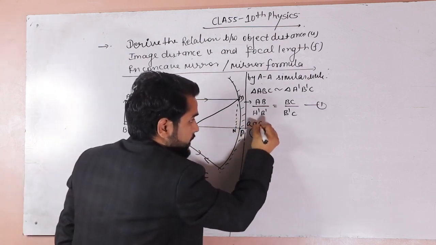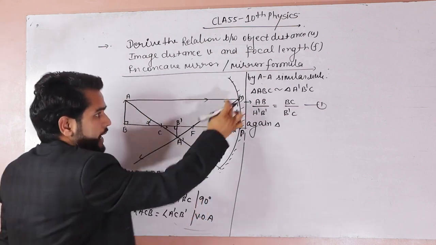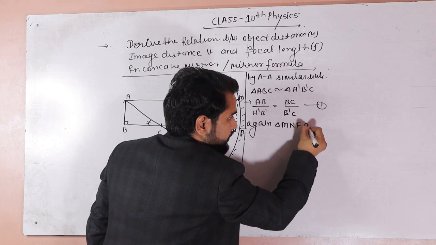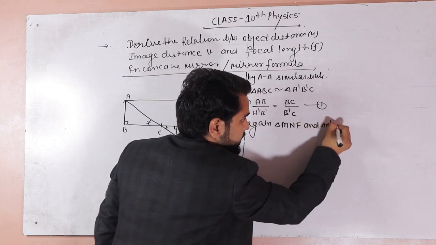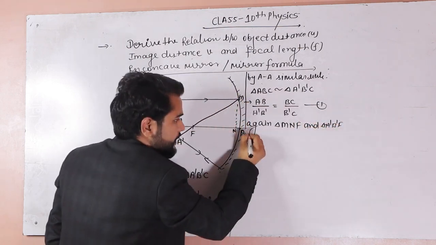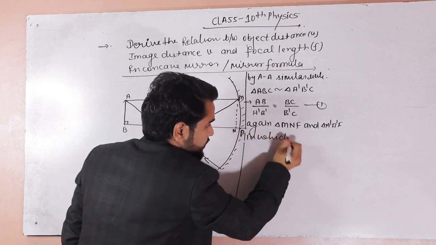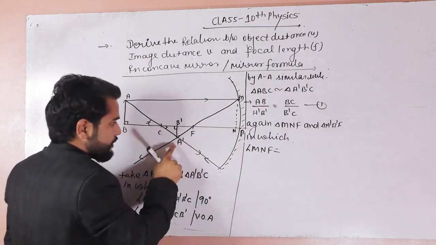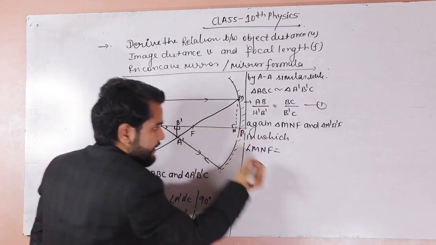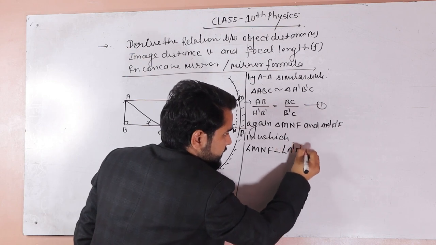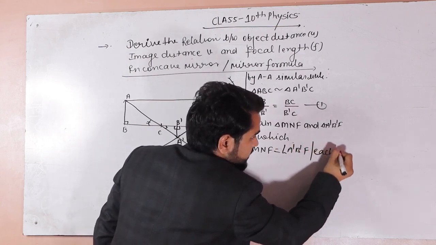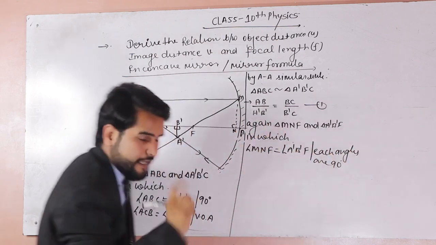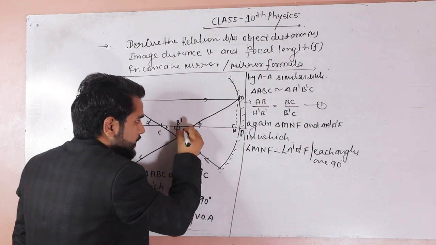Again we take the perpendicular line named MN, and this is also P. Again, in triangle MNF and triangle A dash B dash F, angle MNF equals angle A dash B dash F, each being 90 degrees, and these angles are also equal.